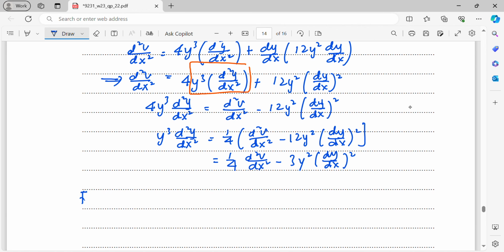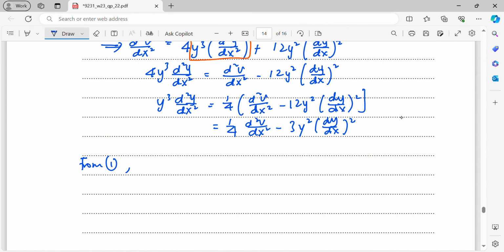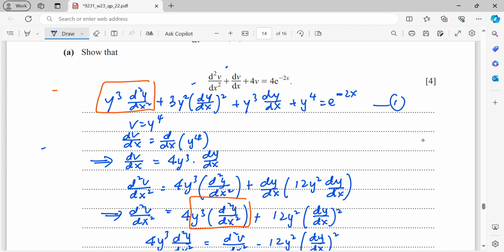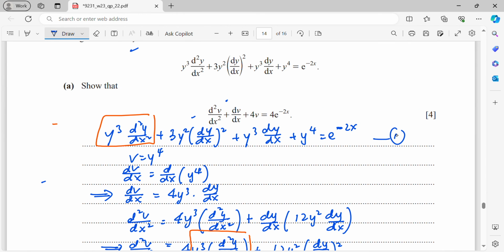Okay, so now I will substitute into the first equation. The first term is already found. That is the latest result, 1 over 4 d squared v over dx squared minus 3y squared (dy over dx) squared. I will keep this in terms of y and x first because I noticed that this can be simplified by the next term. So copy back. After that, plus y cubed dy over dx.